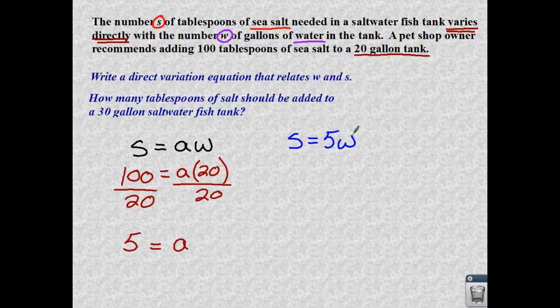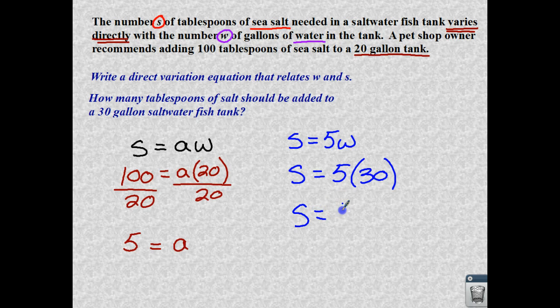Okay, so S is the salt water. I have 30 gallons of water, so S is going to be equal to 5 times the 30 gallons of water, right? W represents the gallons of water. So the amount of sea salt needed would be 150 tablespoons of sea salt.